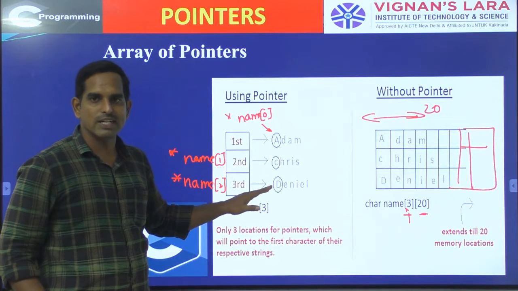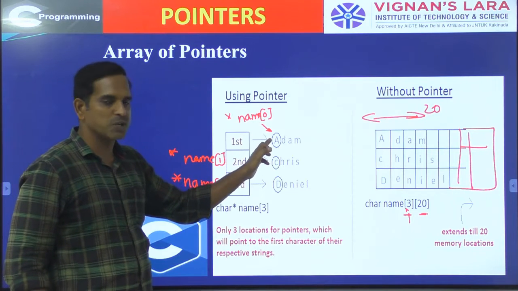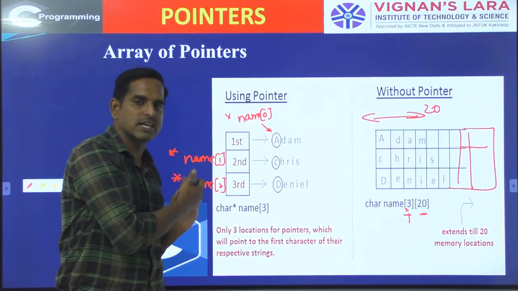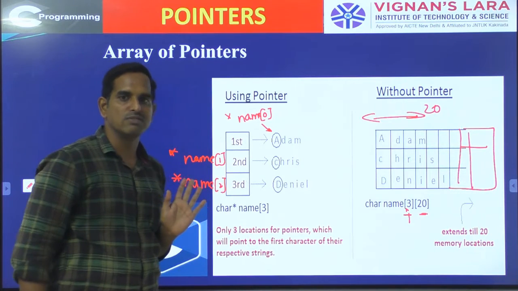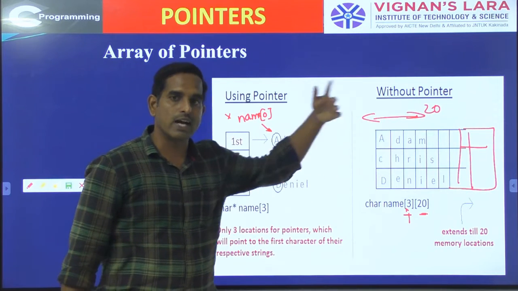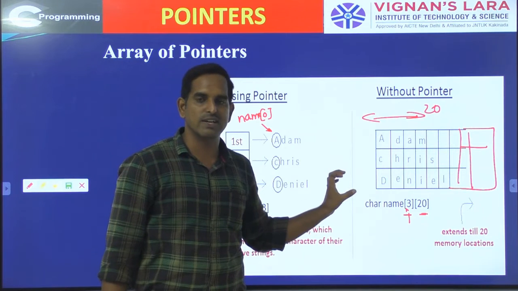In this implementation, you haven't specified the size of your string, and the pointer will point to only the first element. If you keep incrementing the pointer, you can go from the start of the string to the end of the string. But in the other case you have specified the size of the string, so it has to assign 20 characters for each and every string.